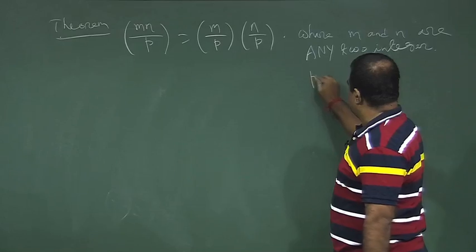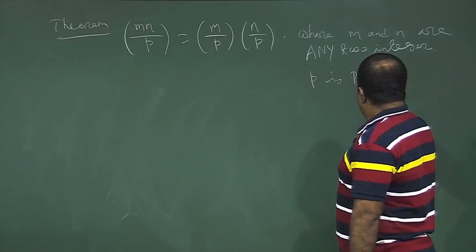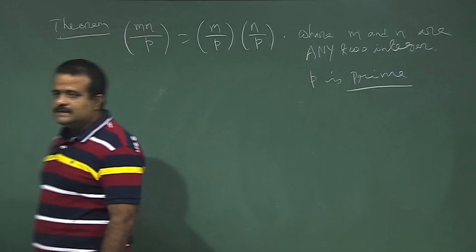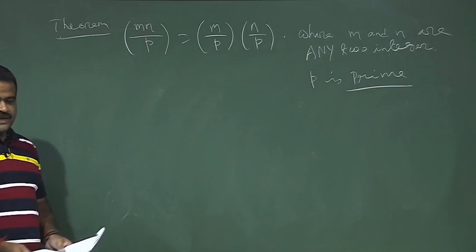Here p is a prime. So far we are taking p prime; this is mandatory because this is the Legendre symbol. So, how to prove that?